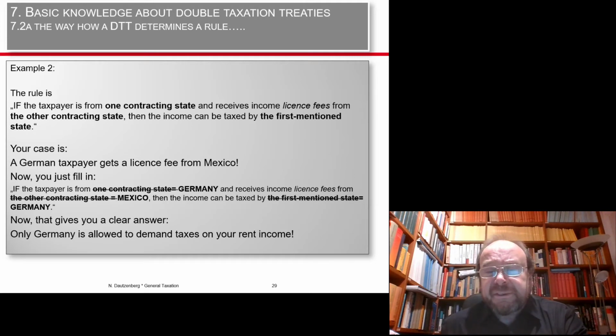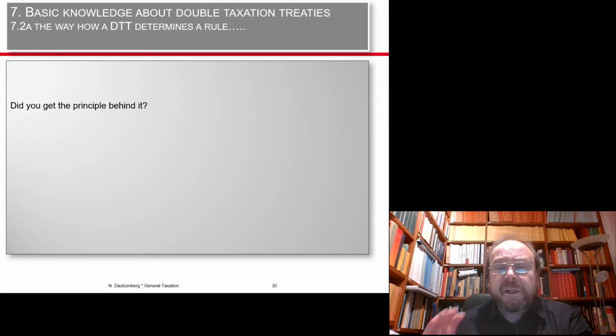Then the income can be taxed by the first mentioned state. Which state was mentioned first? Germany. Okay. So, translation: if a German gets a license fee from Mexico, the license fee can be taxed by Germany only, by the way, is meant. I hope you got the principle behind it.